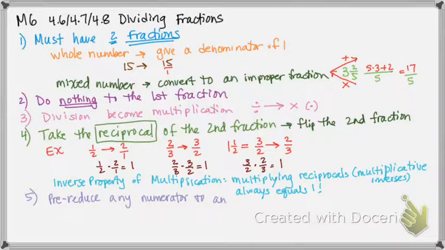If it's straight across, you've done it wrong. And I know sometimes it's so tempting because it looks like you can cancel, but nope, can't. Okay. Pre-reduce, or you can wait to the end, which you always have to look, and then you just multiply straight across, just like we did with multiplication.